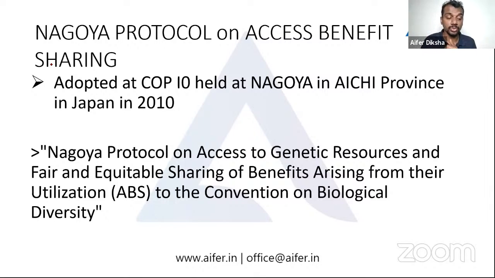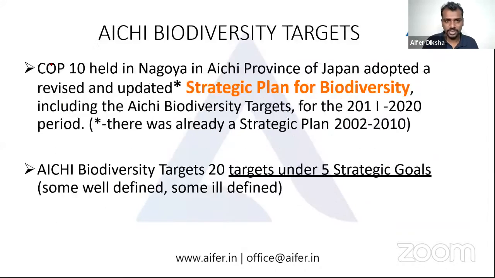The Nagoya Protocol deals with access and benefit sharing, which means equal access to genetic resources and fair and equitable sharing of benefits arising from genetic resources, or fair and equitable use of products arising out of biodiversity.